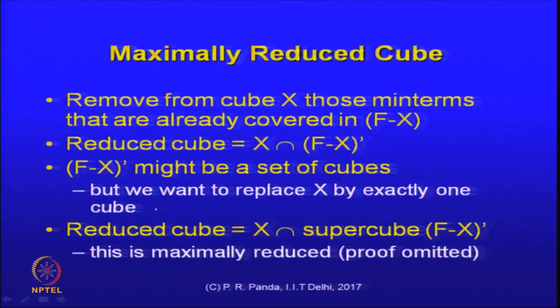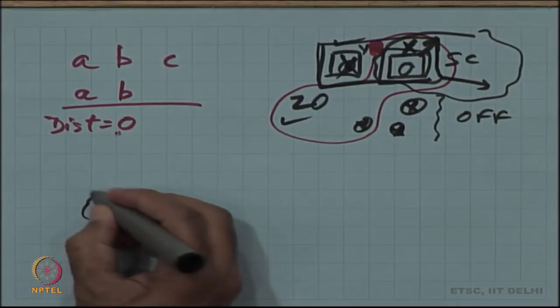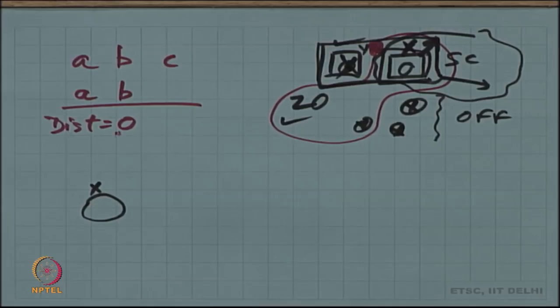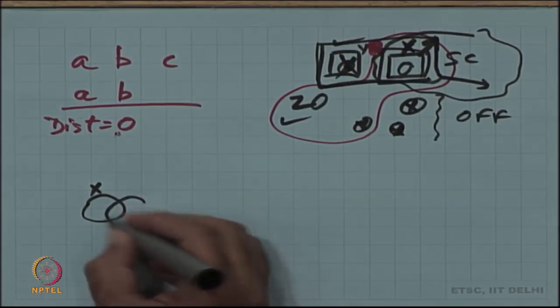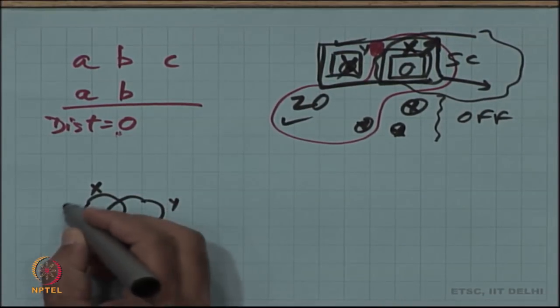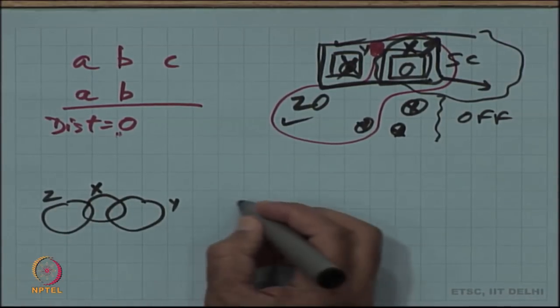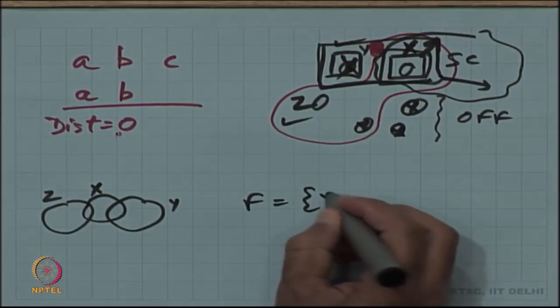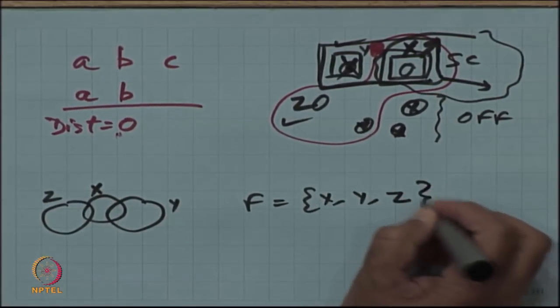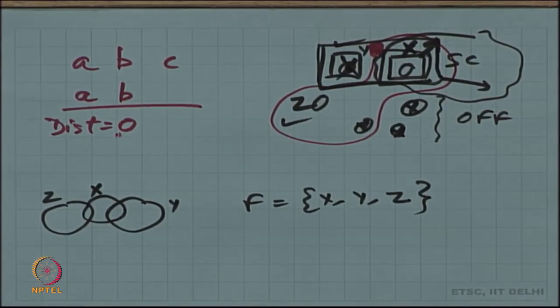So, I have some cubes, let me represent this as a set. So, I have my x, that is one cube, and I may have some other implicant. So, this is a cube y and maybe some other cube. These are my f. That is my function.